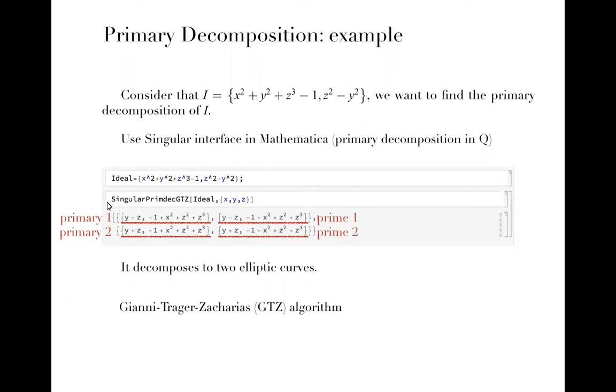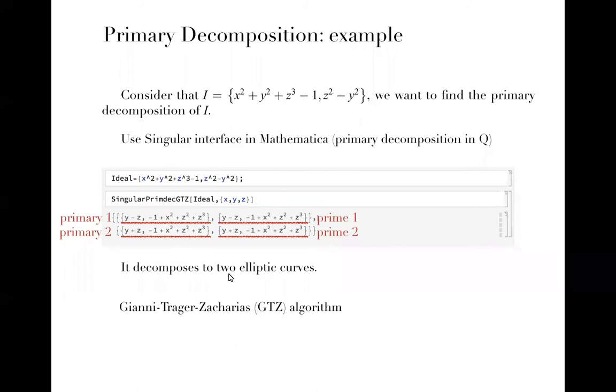You just use something called Singular primary decomposition, GTZ, this ideal in several variables, then you get it. So the first one is the I1, the first primary ideal. This is the second primary ideal, but Singular also calculates the radical of it. So basically remove the multiplicity in this kind of ideal. Then I can say that, okay, this one looks complicated but decomposes into 2 elliptic curves.